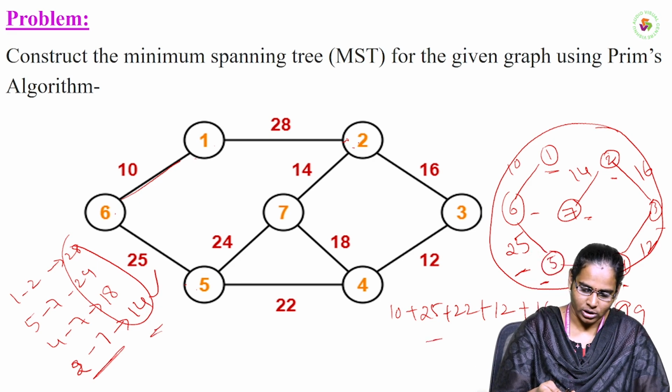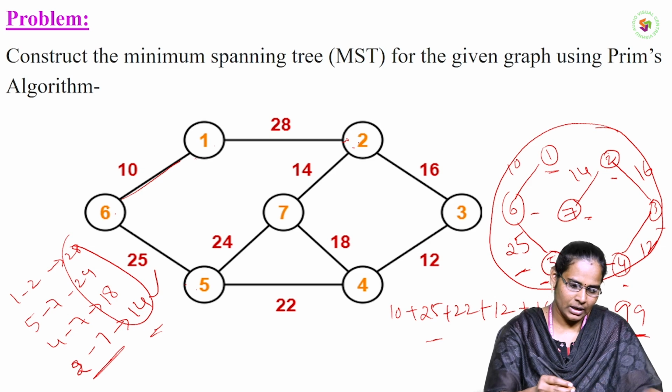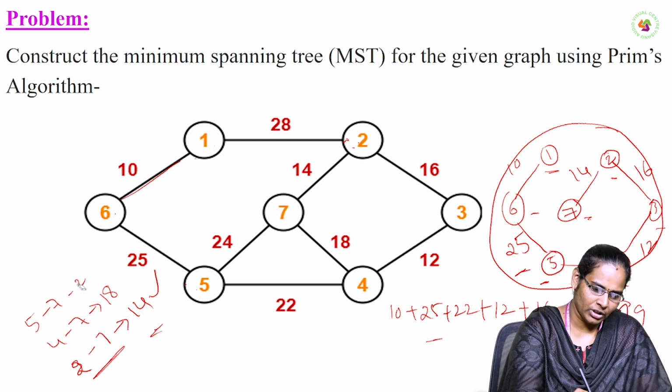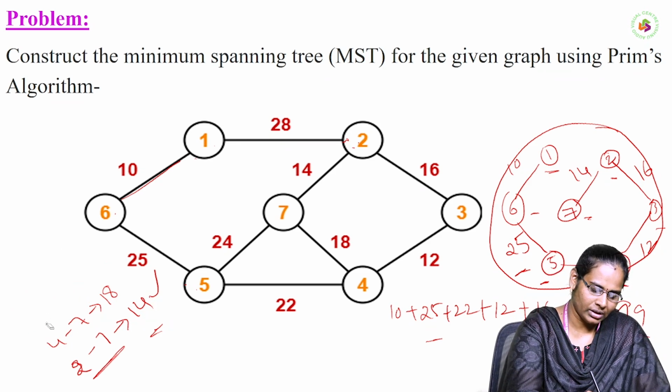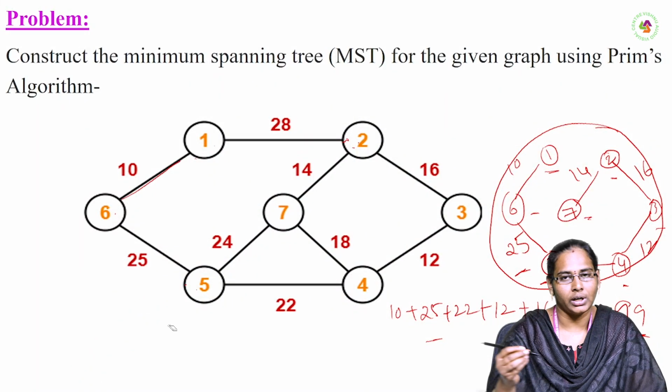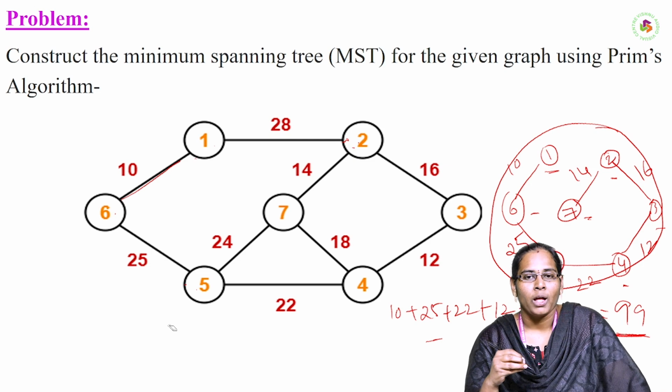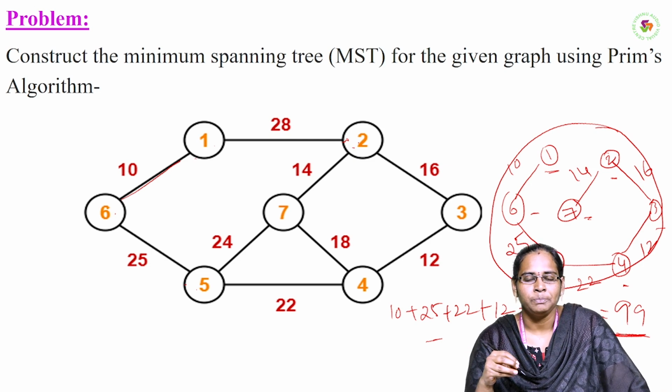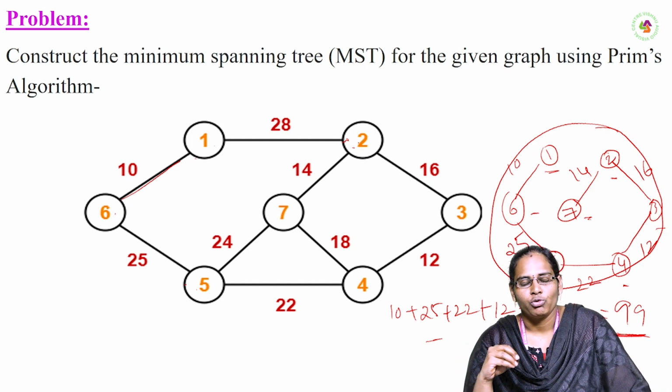Okay, in Prim's algorithm, we follow this procedure. What is step 1? First of all, you have to select a random weighted edge. So how do we choose that random edge? Which edge has the minimum weight among the given graph, you have to select that one. Yes, step 1 completed. Now, what is step 2?